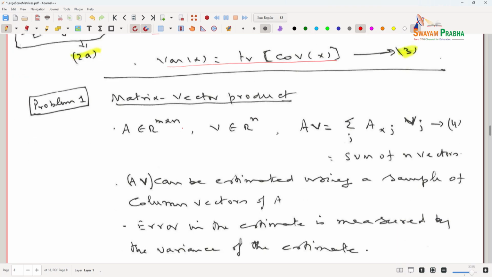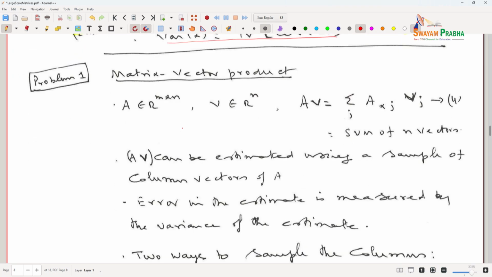Now I am going to talk about the first randomized algorithm to solve one of the simplest problems in linear algebra, namely matrix vector product. A is a matrix, V is a vector.